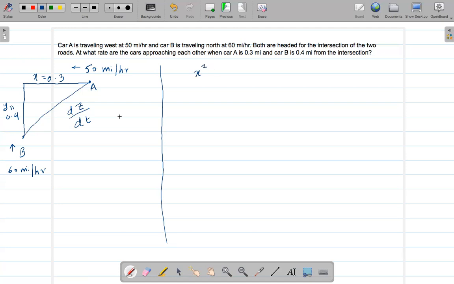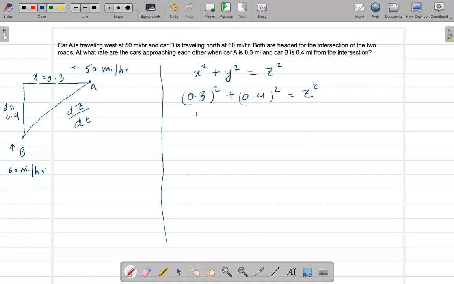Again we can say x squared plus y squared is z squared, using the Pythagorean theorem, just like we did in the last problem. So here x is 0.3 squared plus y is 0.4 squared equals z squared, and we need to find the value of z.